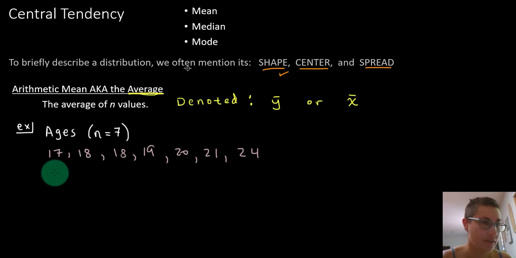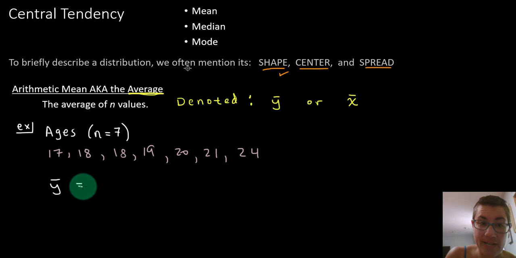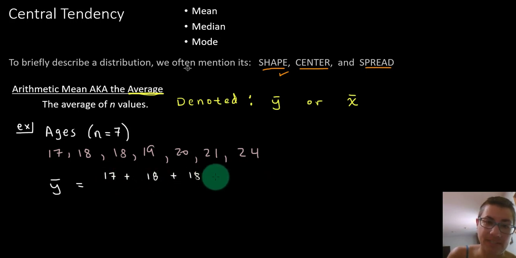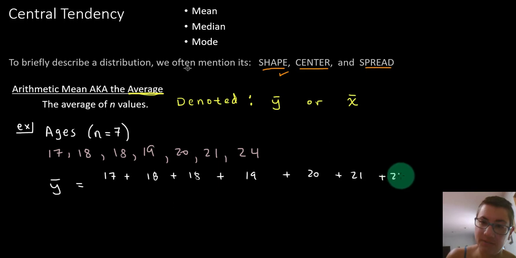Got them. All right, we're going to get the average, but I'll also use the notation. If we're going to compute the average, I'll call it y bar, and we're going to add up all of these values. So 17 plus 18 twice, plus 19, plus 20, 21, and 24. Now that's not it.